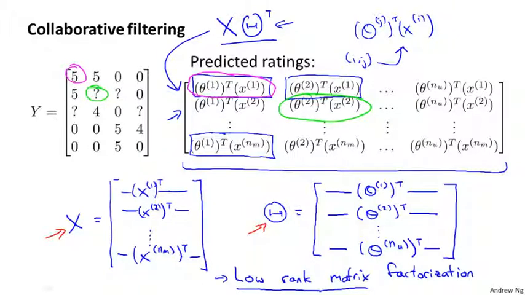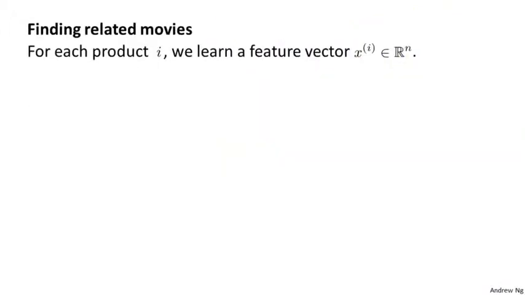Finally, having run the collaborative filtering algorithm, here's something else that you can do, which is use the learned features in order to find related movies. Specifically, for each product i, really for each movie i, we've learned a feature vector xi. So, when you learn a set of features, you don't really know in advance what the different features are going to be.